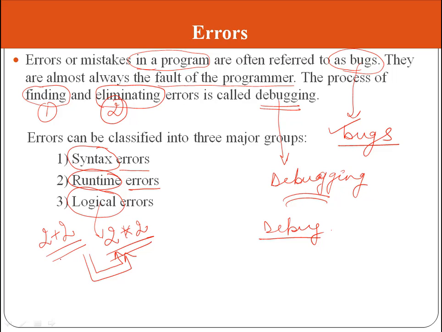We are expecting the answer to be 6 but it comes out to be 8, so it is a logical error, right? We were expecting to write plus but we have written multiply, so this is a logic error, not syntax, not runtime. So we have three types of errors: syntax error, runtime error, and logical error.